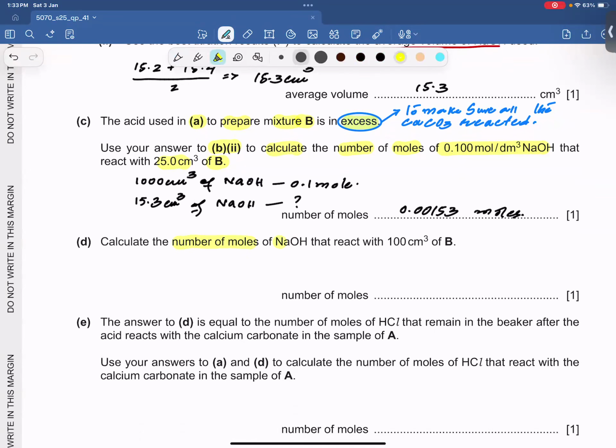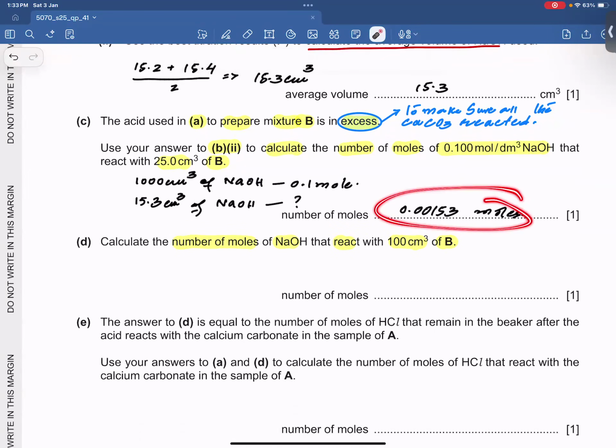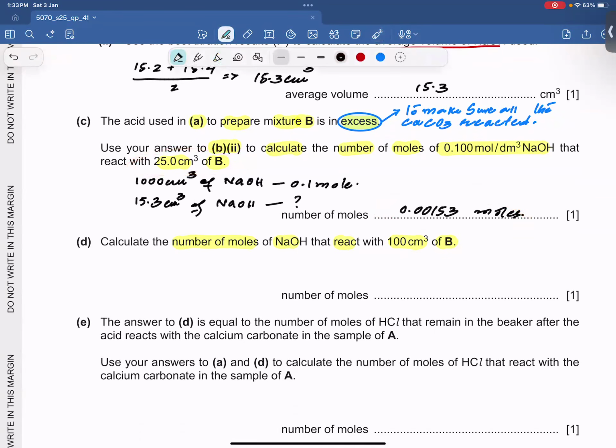Calculate the number of moles of NaOH that reacts with 100 cm³ of B. So I've got the moles in 25 cm³ of B. When we have 100 cm³ of B, how many moles in it? So 25.0 cm³ of B contains 0.00153 moles.